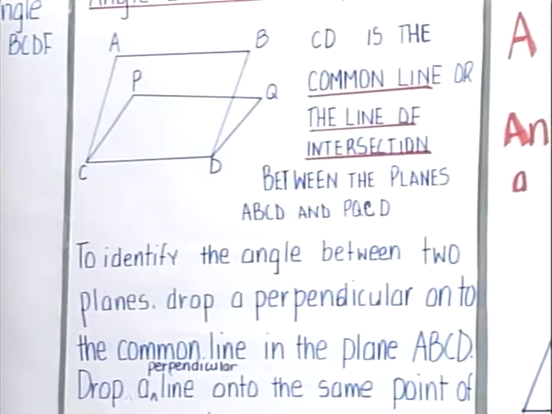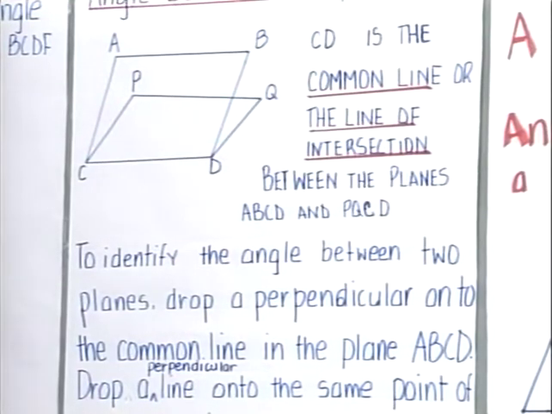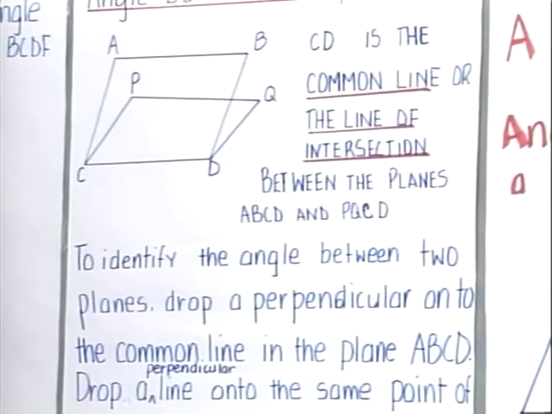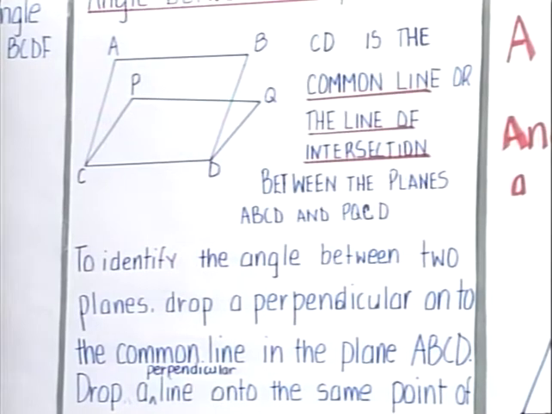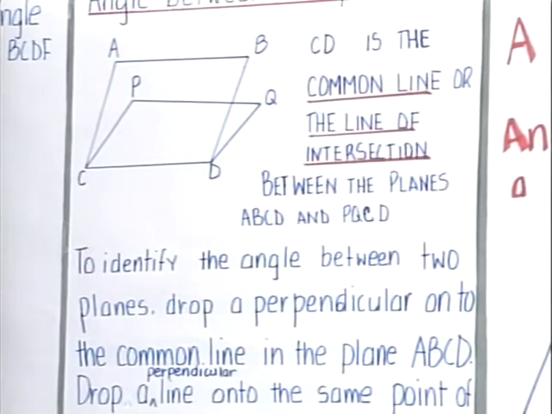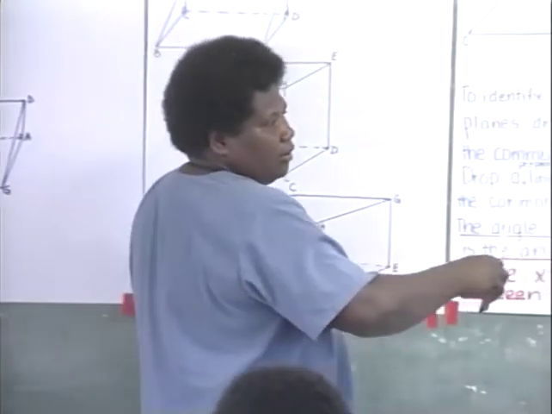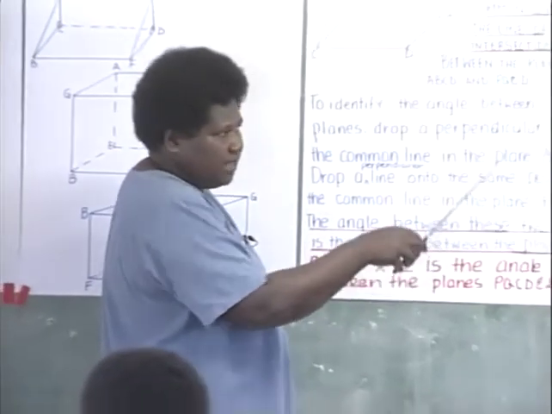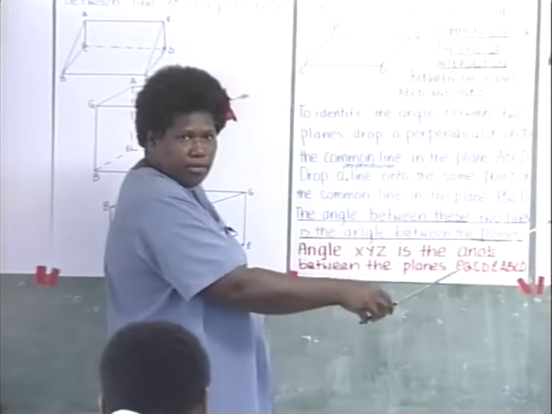Before you identify the angle between the two planes, you must identify what is called the common line, or the line of intersection. For instance, this blackboard, if it went all the way through to the side wall, and that wall meet at the corner.